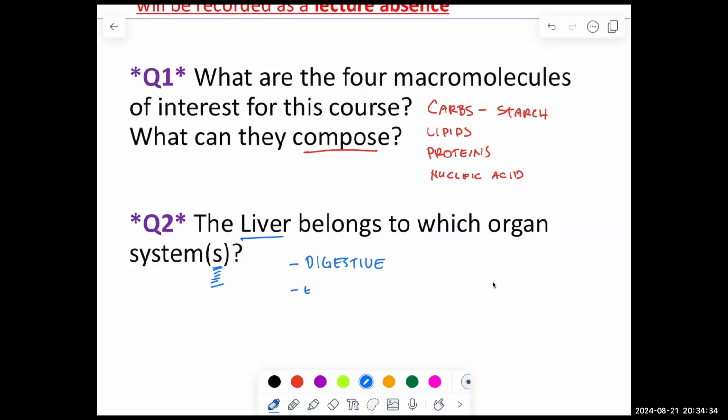Endocrine? The lymphatic. It's responsible for detoxifying your blood. Yeah, yeah. Some people submit multiple cards. That's all right too.